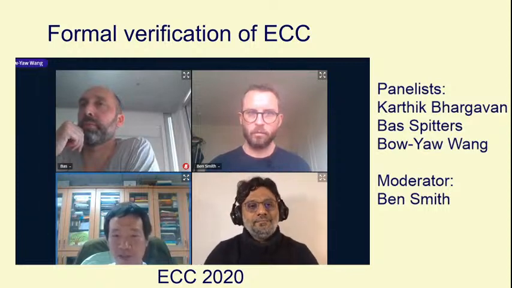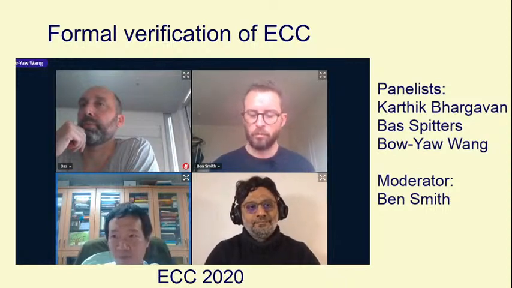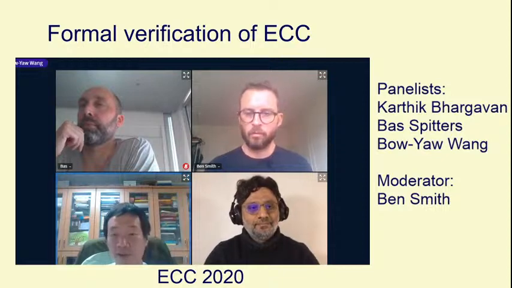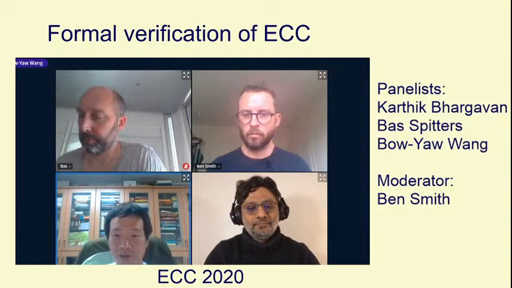So NIST P curves 224, 256, and 521. All arithmetic has been verified, and also the Bitcoin field arithmetic. And we are also working on BLS12-381. These are written in assembly code, so we can work on that.